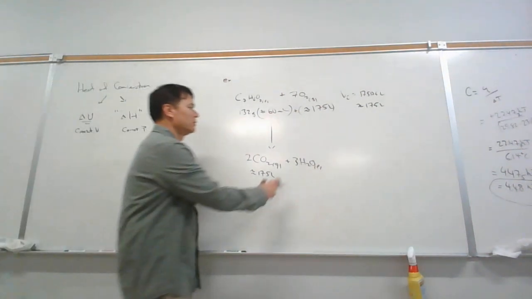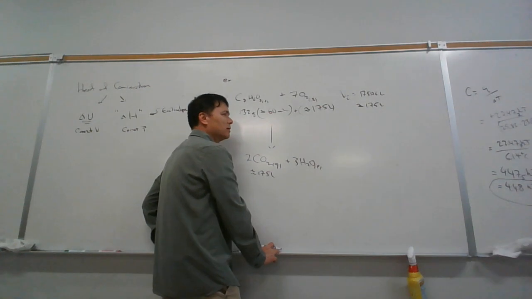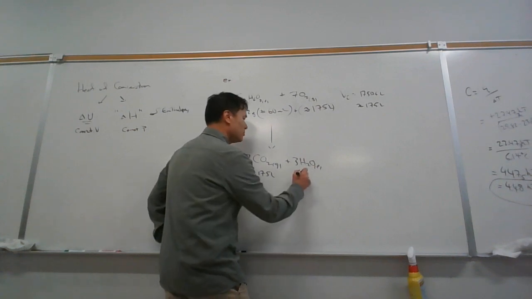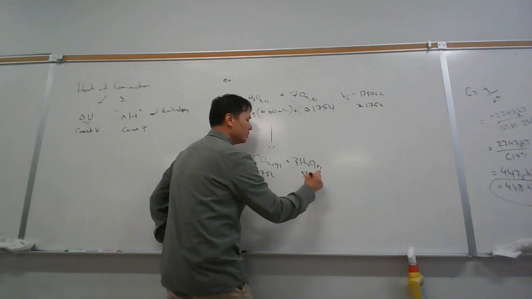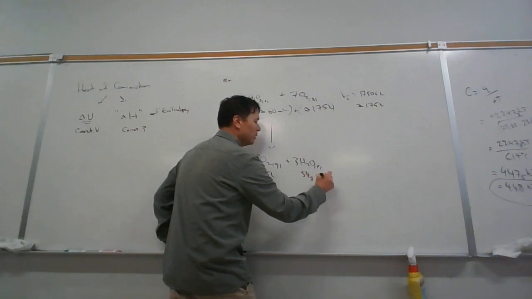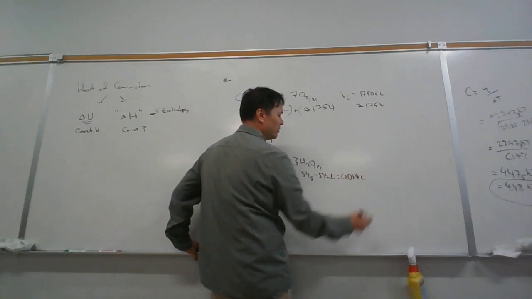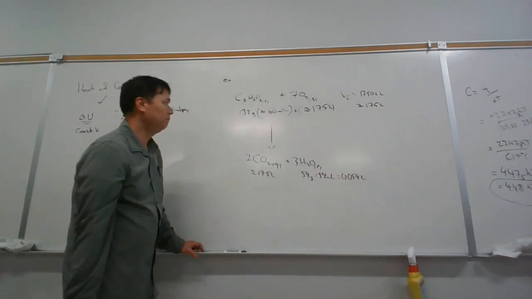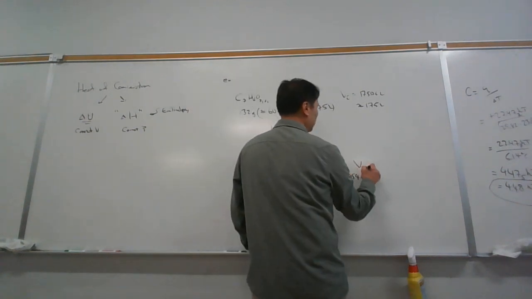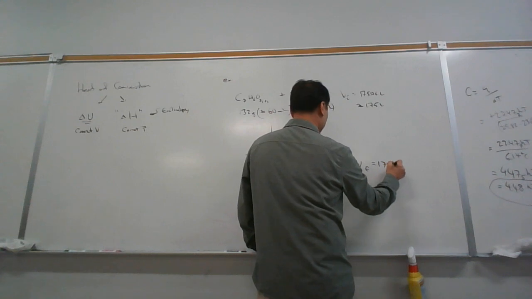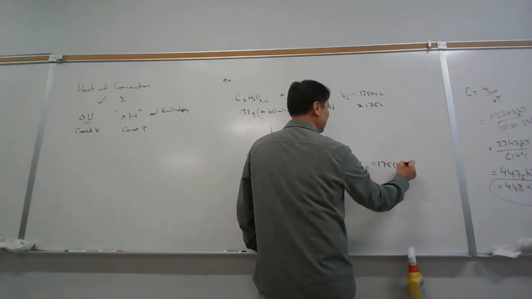Well, 3 moles is 3 times 18, which is 54 grams, which is equal to 54 milliliters, which is equal to 0.054 liters. So V final here is equal to 175.05 liters.